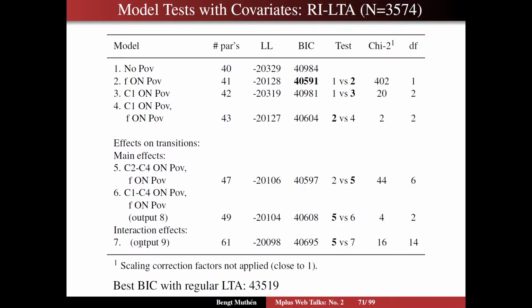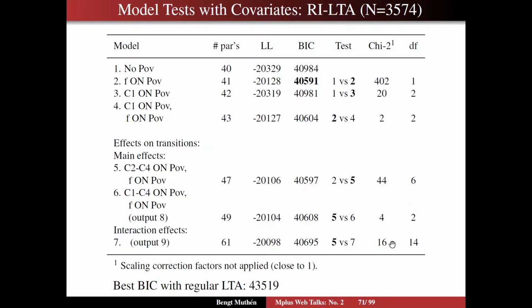Now, interaction effect model, output 9, where we have interaction between x and the latent class variable at the previous time point, you get an improvement of the log likelihood relative to, say, model 5. But it's an improvement that's not really significant.